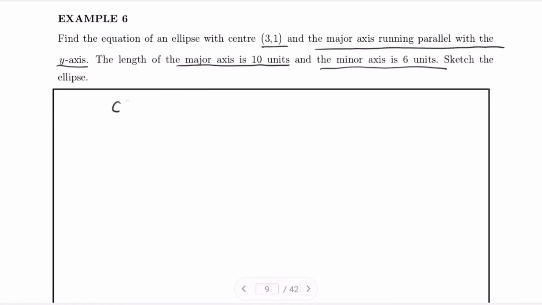The center is 3, 1 and the major axis runs parallel with the y-axis, so your ellipse will look something like this.